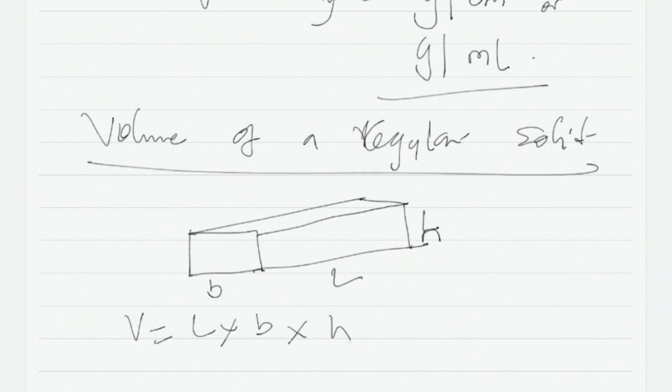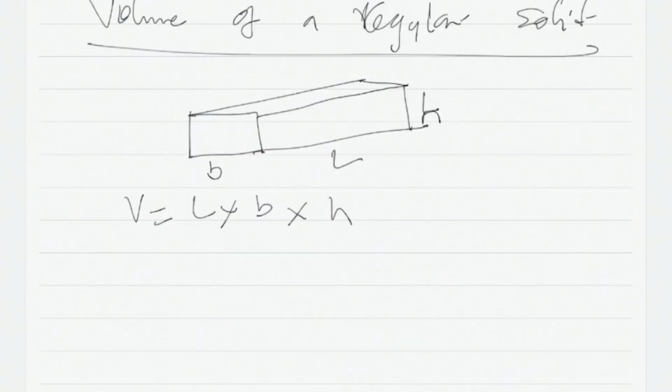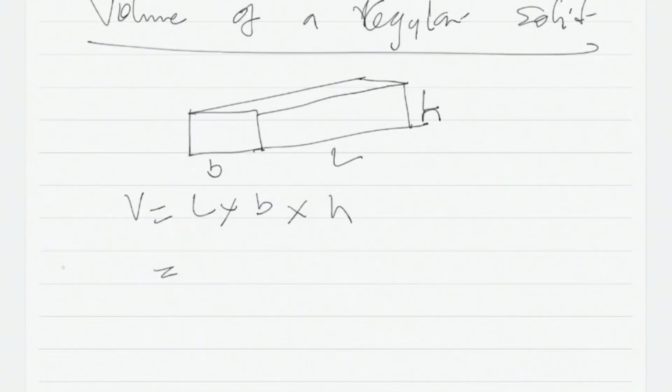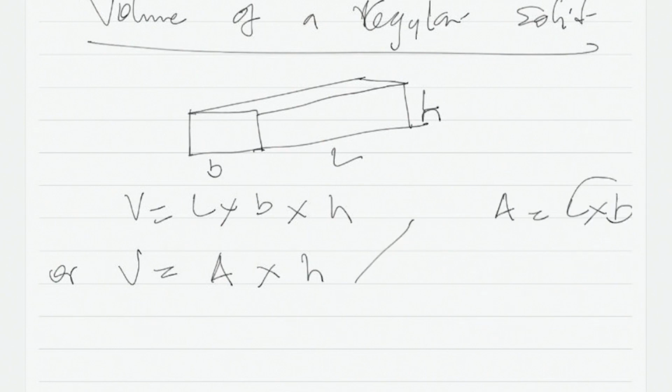Volume is given by L times B times the height. This is for the regular solid, where we can also say volume is equal to area times the height. Why? Because area is equal to L times B, which is the same as that.